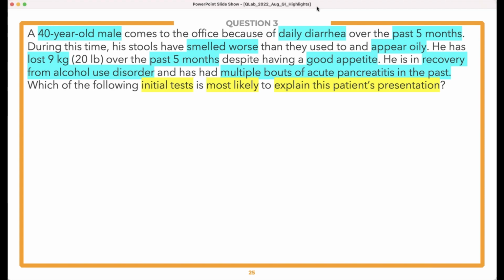Now this question is asking us about the initial test most likely to explain this patient's presentation. So I think we've got a couple steps here. One, we've got to figure out what's going on in this patient. And two, what would explain that presentation?